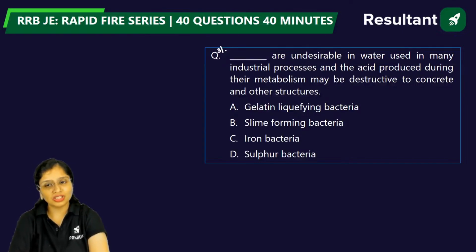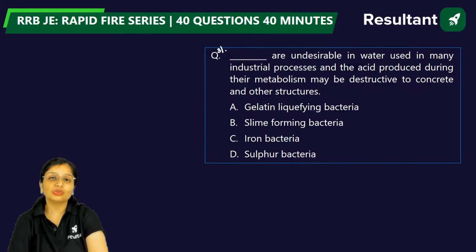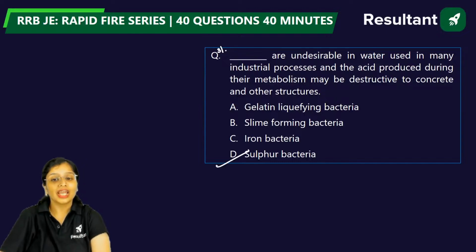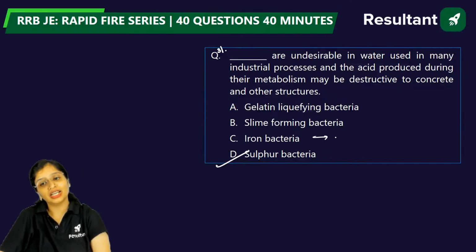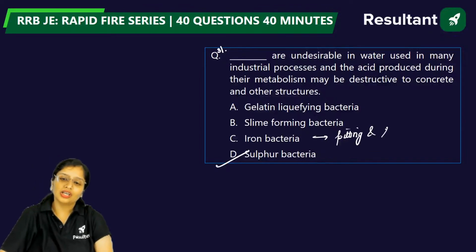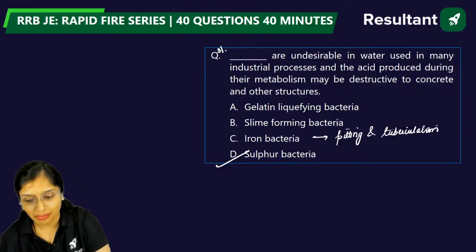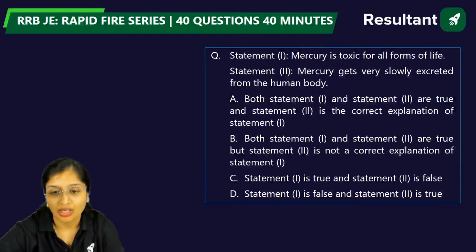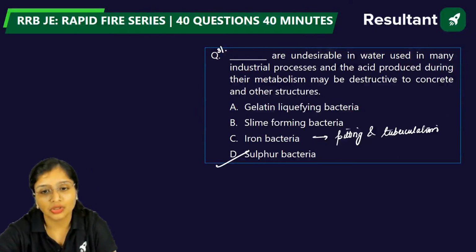During their metabolism they will release acid which will lead to the destruction of concrete and eventually to failure as well. So if sulfur bacteria is there, it will lead to the destruction of concrete and other structures. If iron bacteria were there, it would cause pitting, that means corrosion and tuberculation in pipelines. Now, question number 32.